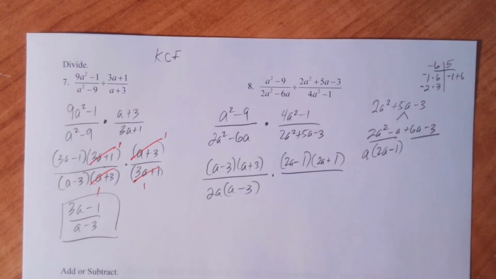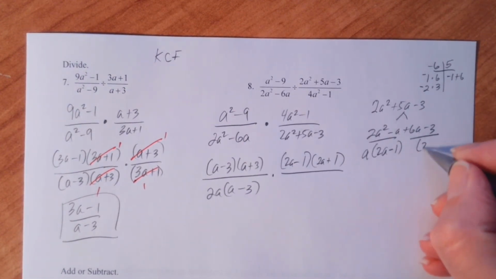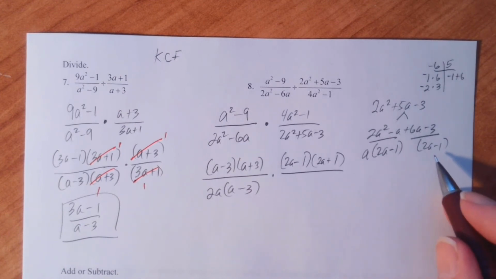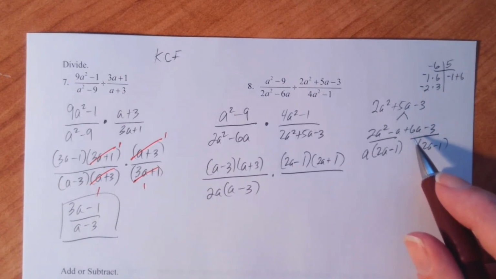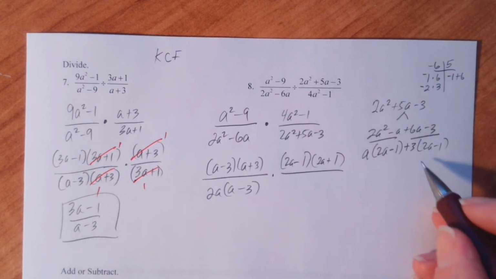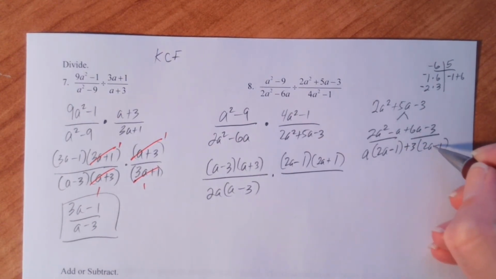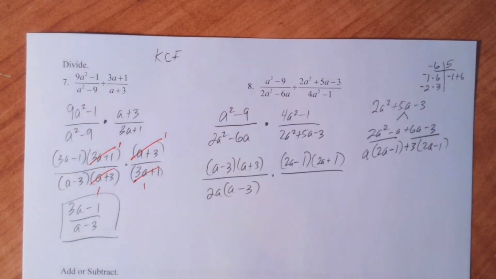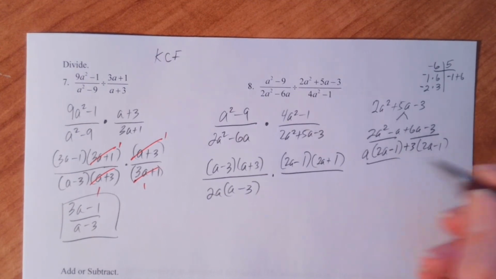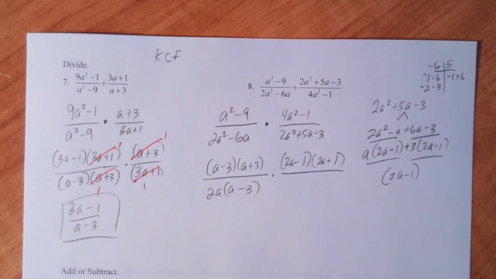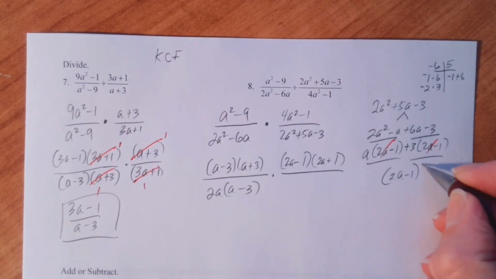So when we factor out the GCF here, we're expecting to get a 2a minus 1, because these parentheses should match. And notice, to get the 6a here, I need to multiply by 3. So we'll put a plus 3 here. 3 times 2a gives us 6a, and 3 times negative 1 does give us the minus 3. So finally we have two terms with the common factor of 2a minus 1, and the other factor is a plus 3.